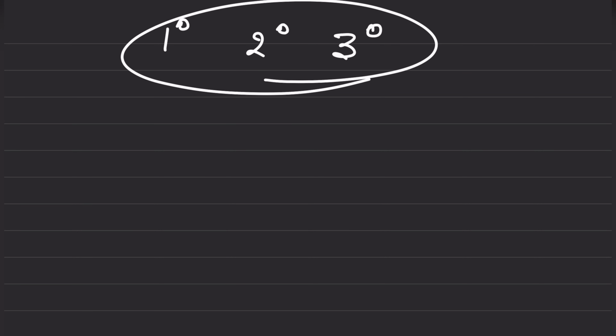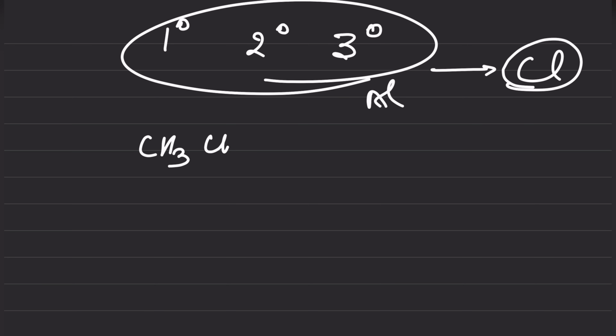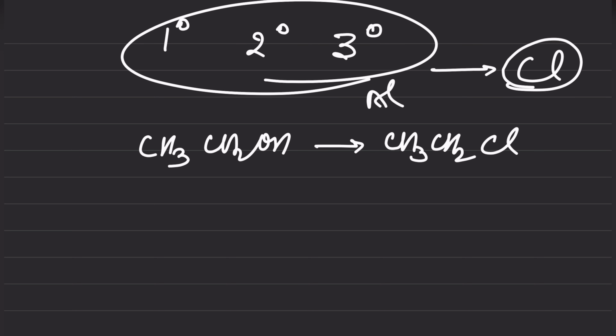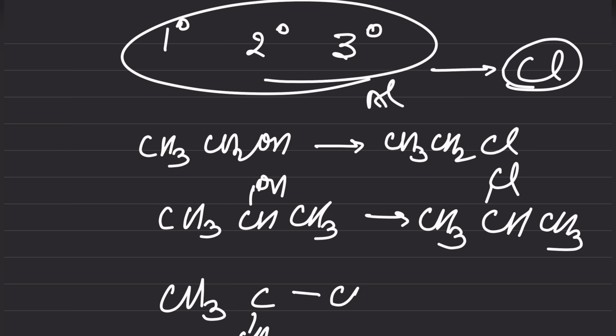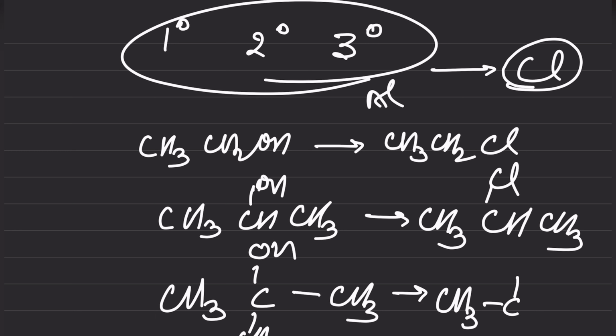For example, CH3 CH2 OH becomes CH3 CH2 Cl, CH3 CHOH CH3 becomes CH3 CHCl CH3, and (CH3)3 C OH becomes (CH3)3 C Cl.